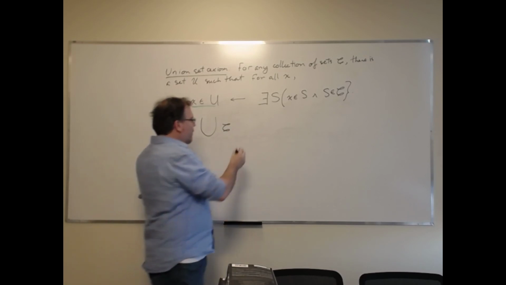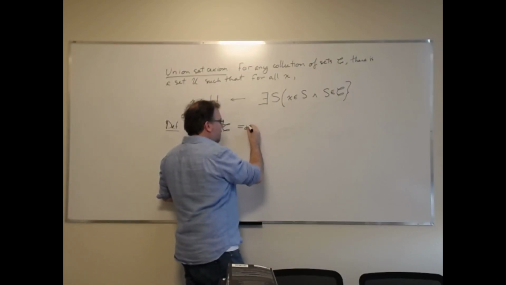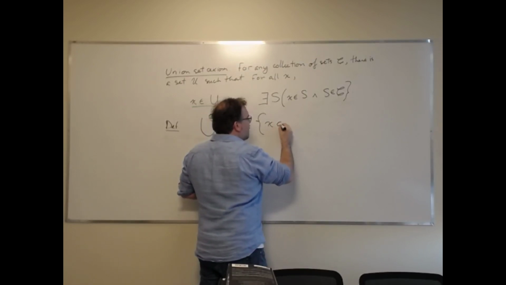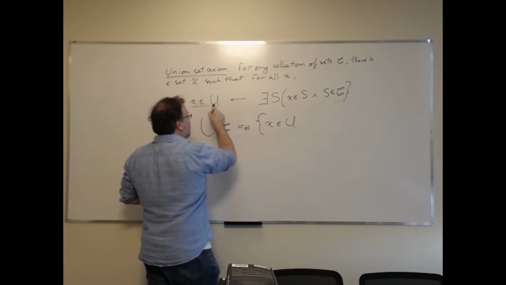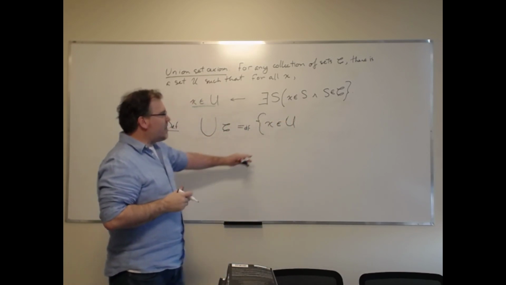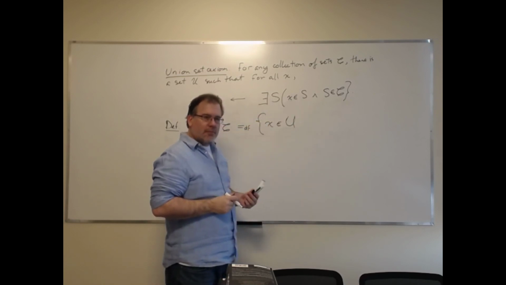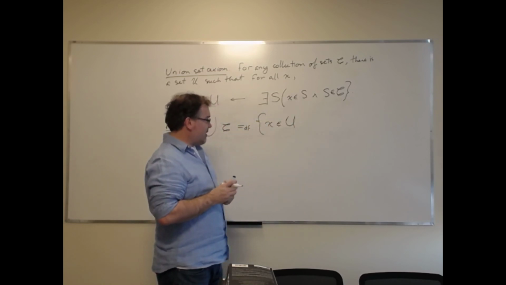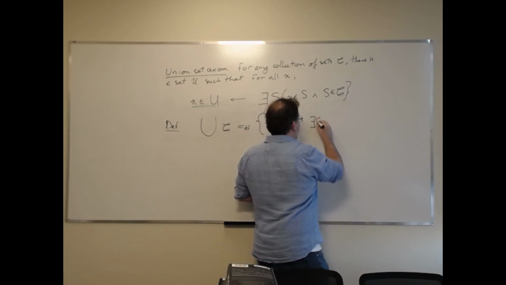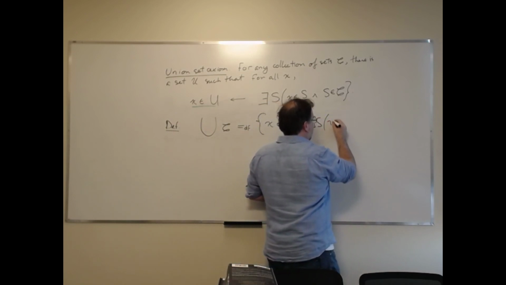So the union of a collection, by definition, is the set of things that are in that set U here. But we want to make sure that it contains only those that come from the sets in the collection. And we're going to use the axiom of separation to do exactly that.